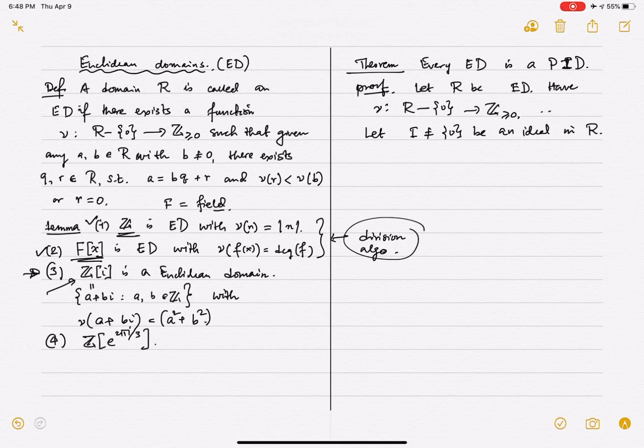I need to find an element in I such that I is simply all multiples of that element. And which one do you pick? You pick the element which has the least possible value of nu.